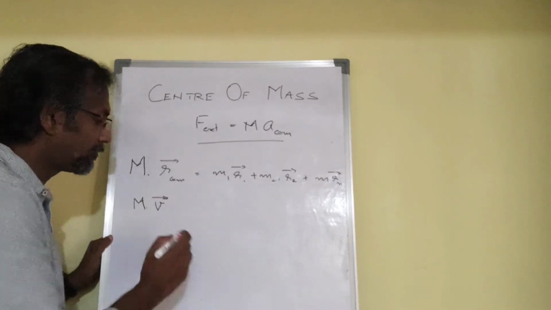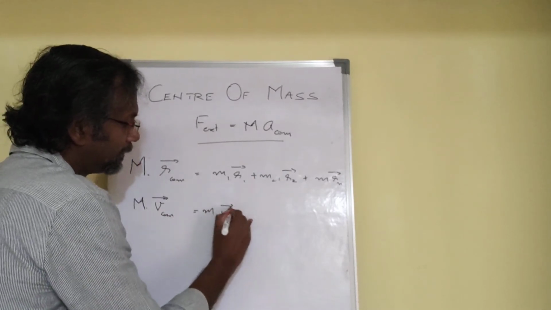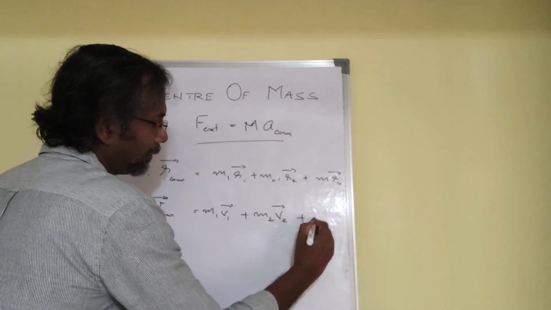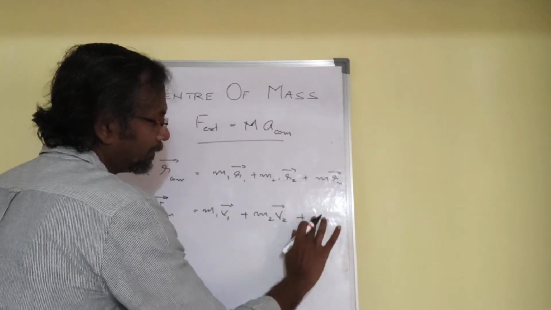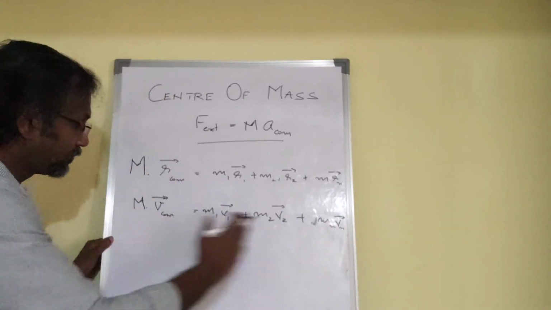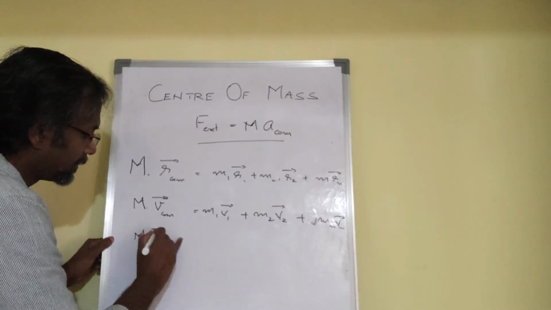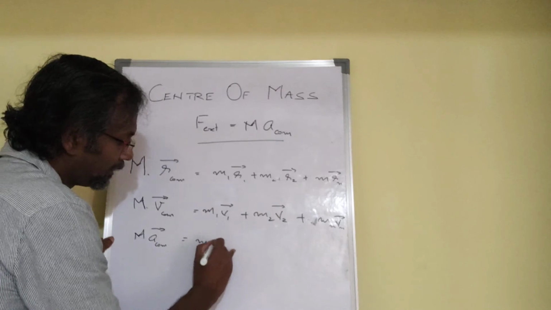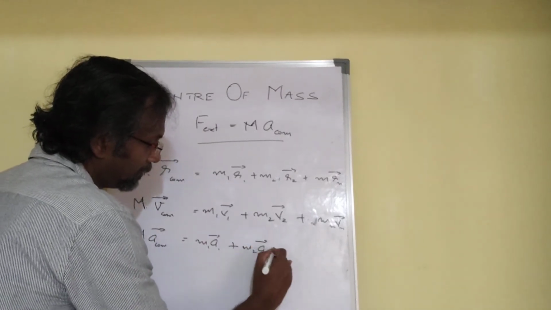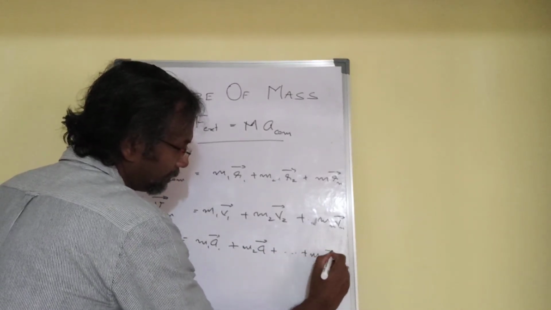Once I differentiate the position vector, we get the velocity: M times the velocity of the center of mass is equal to m1 v1 plus m2 v2 up to mn vn. I once again differentiate, and I get M times the acceleration of the center of mass equal to m1 a1 plus m2 a2 plus all the way up to mn an.